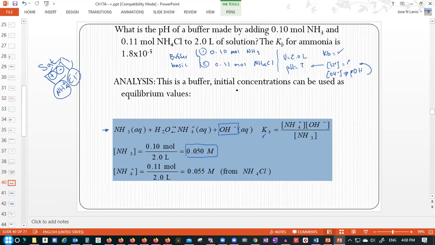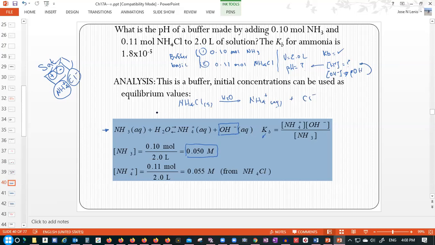Why? Because most of the ammonium comes directly from the dissociation of your ammonium chloride. Remember, the ammonium chloride is a salt, NH4Cl, a solid. When you put it in water, what's going to happen? It dissociates, breaks down into its ions, forming NH4 plus aqueous plus Cl minus.